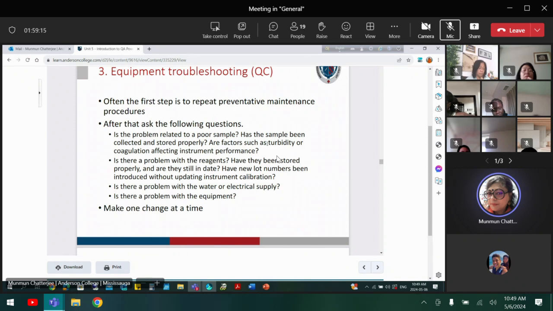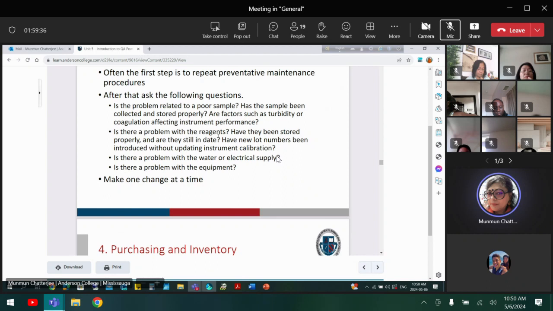Turbidity may come from lipids or coagulation. If there is any clotted blood in the serum or plasma, it may affect the instrument performance, so the sample has to be free from any clotted things.